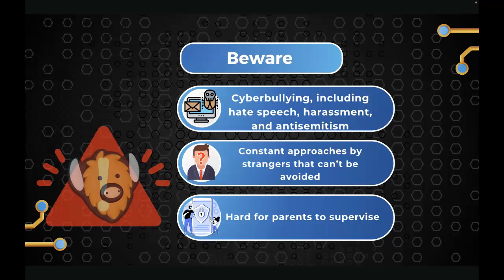Some things to be aware of: cyberbullying, hate speech, constant approaches by strangers, and with this app in particular, this can be a problem because it's a proximity app, meaning that it's going to connect you to people within a 1.5 to 2 mile radius. And because it's anonymous, it's going to be very hard for you as parents to supervise activity.